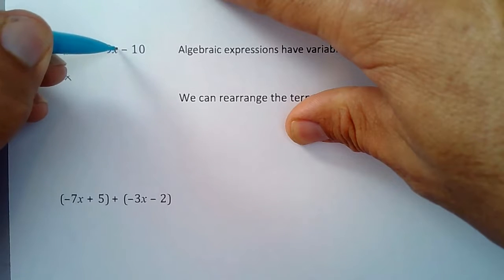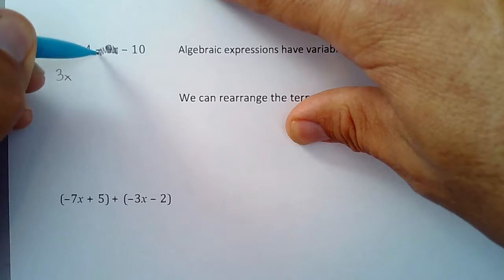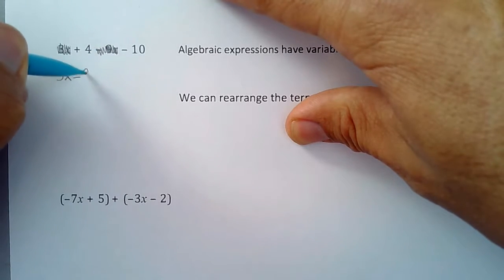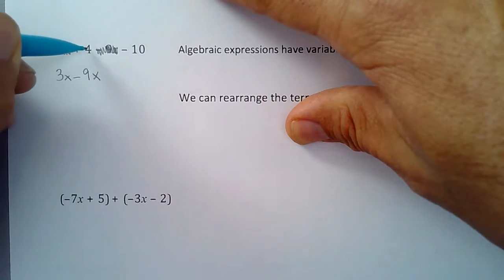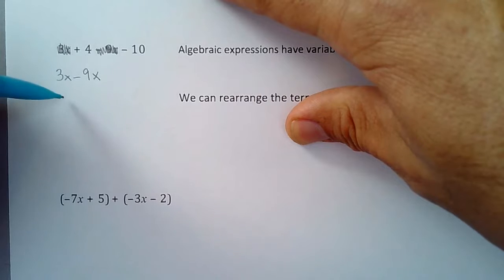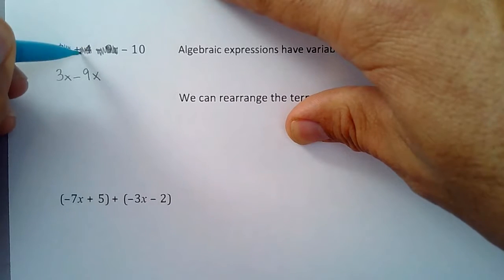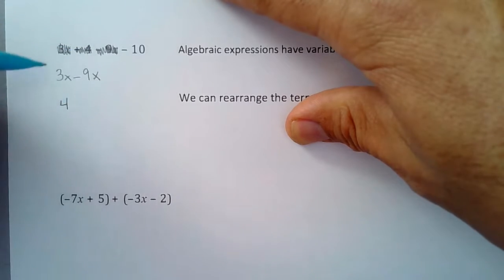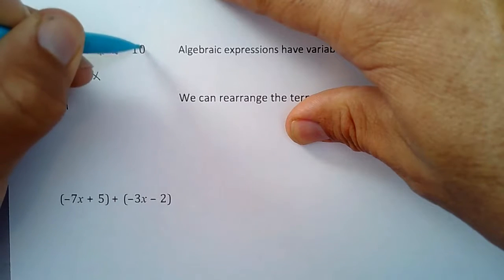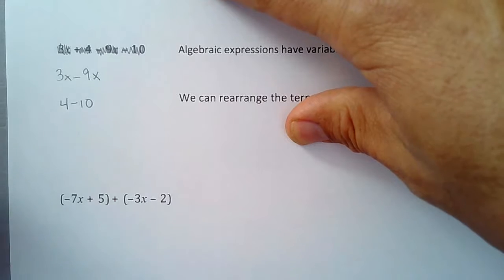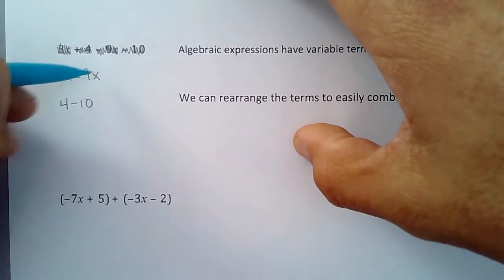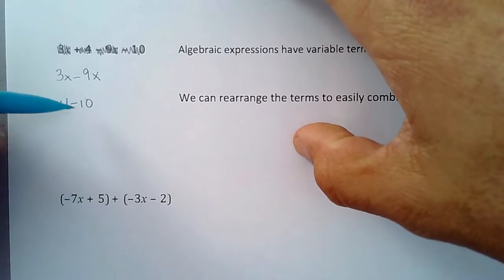Let me remove that whole minus 9x and put it over here, minus 9x. And then I have the 4. Okay, I'll just write it as 4. And then I have minus 10. Take that out and write it over here. Now I've separated them. I have the variable terms together and the constants together.